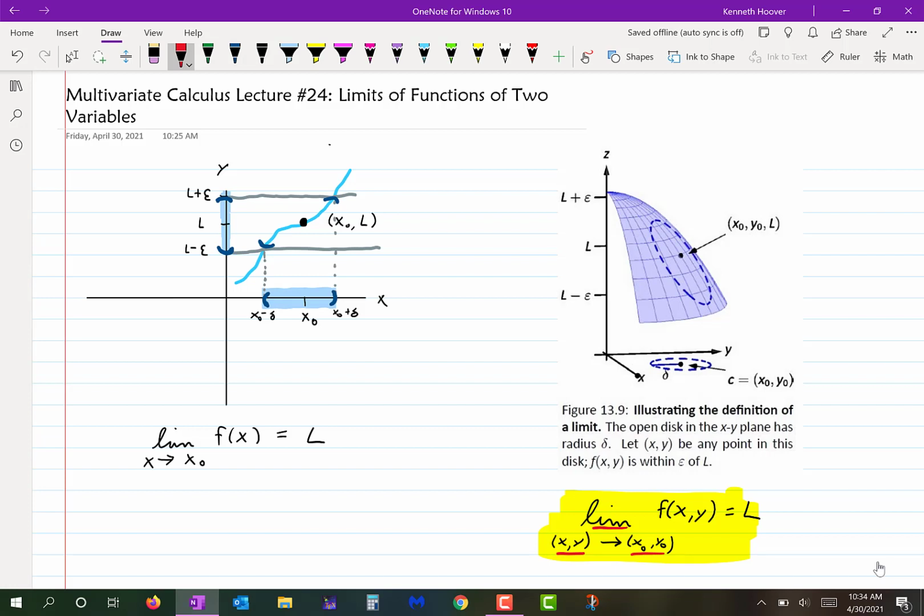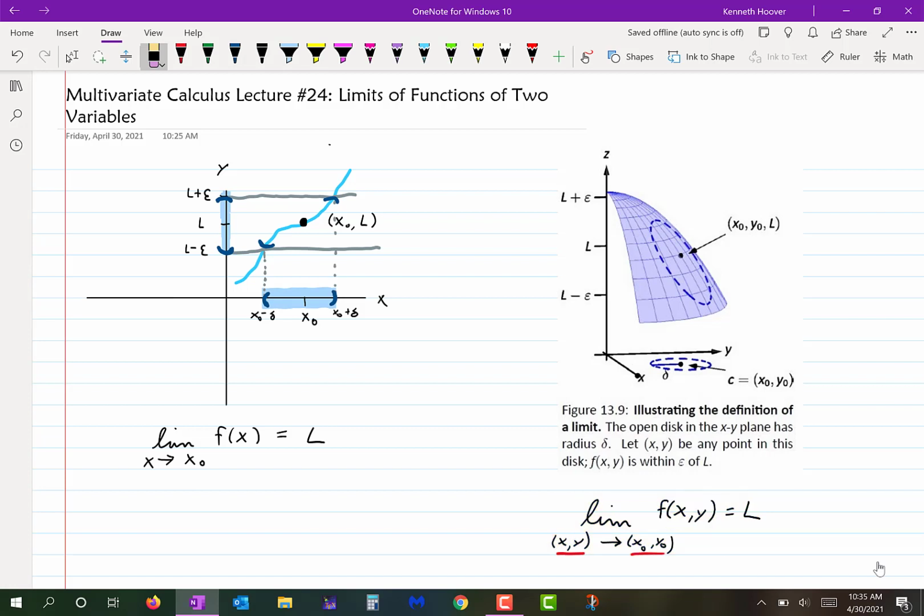The limit of some function of x and y equals what? Some number L. That's a number there, not a point. That's a number. This is a point. This is a number. Okay? Because why? It's a function of two variables. So you plug in points x, y, you get back a number z. Okay?